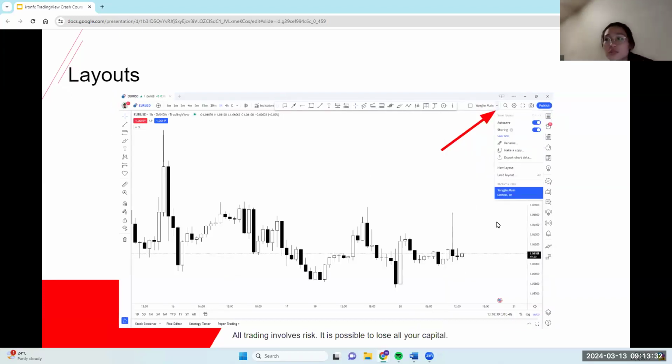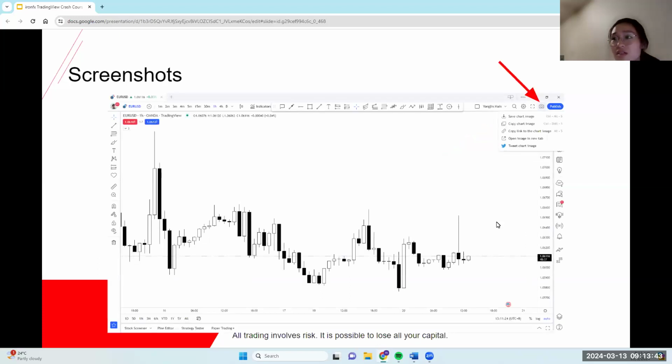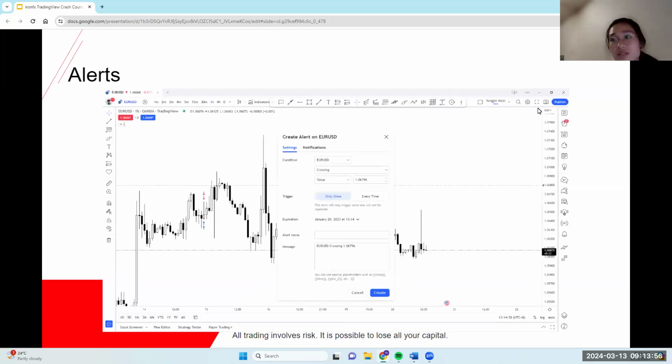Layouts, so you can add multiple layouts as well to make your analysis easier. And screenshots. Just click on this camera icon and it's easy for you to share your analysis onto other platforms.